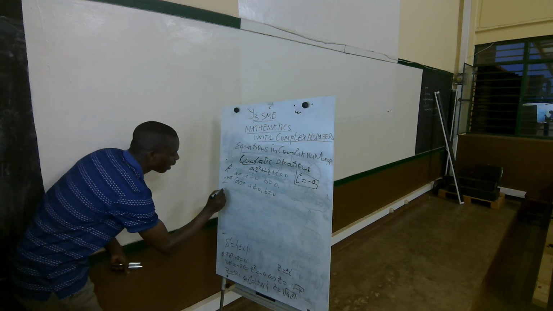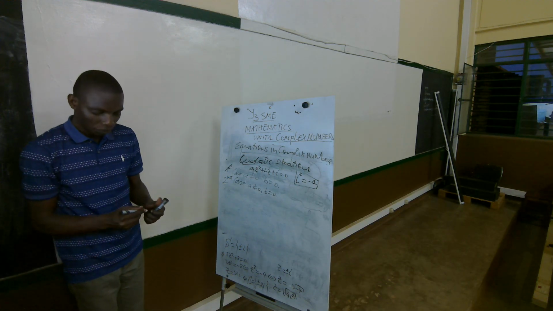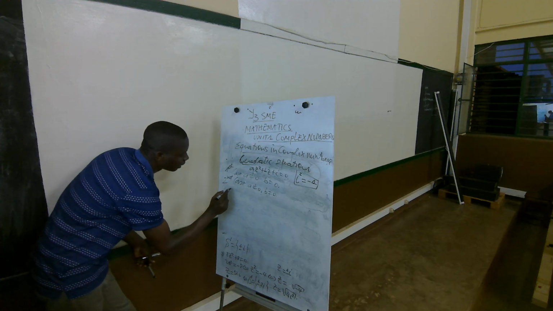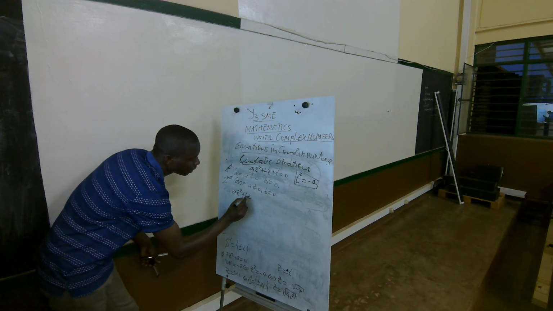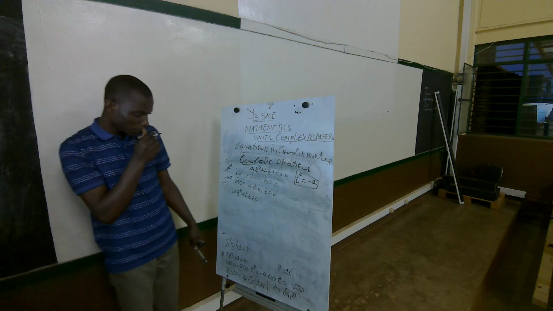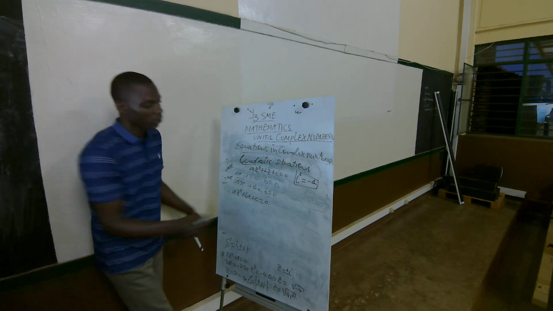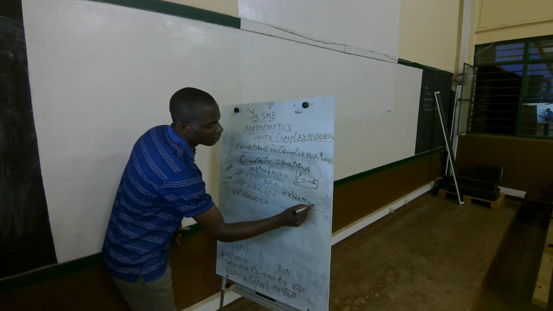So now our equation becomes az squared plus bz plus c equal to 0. It is the same as when we solve ax squared plus bx plus c equal to 0.